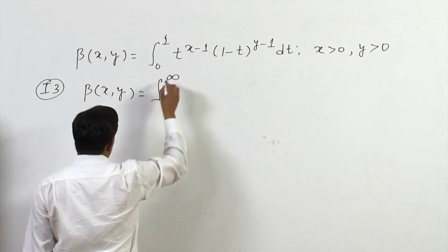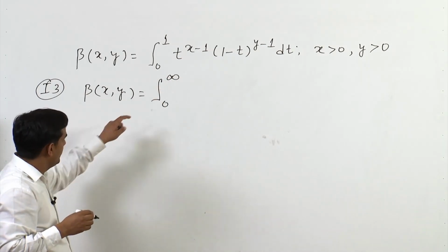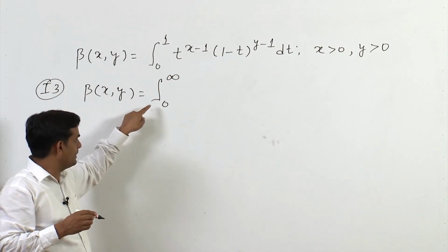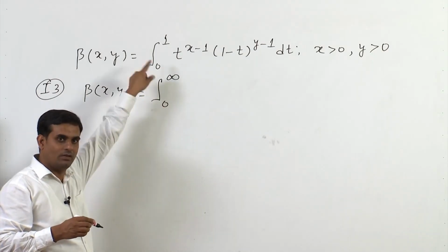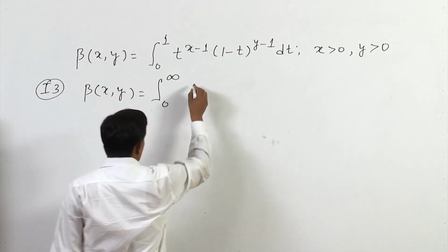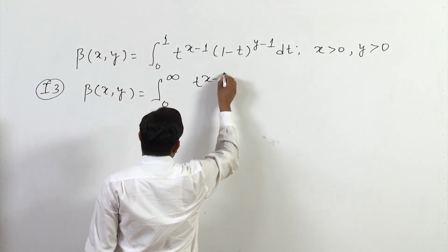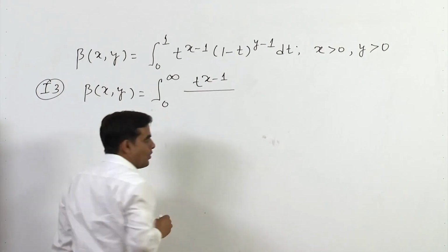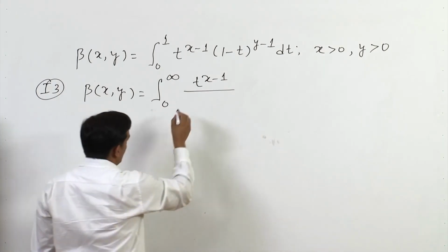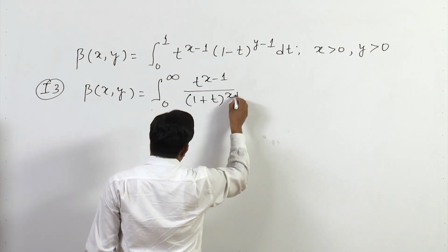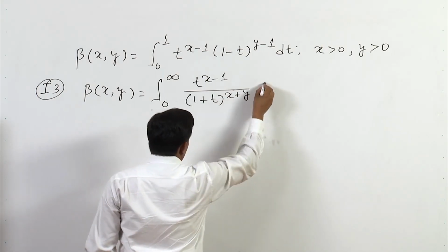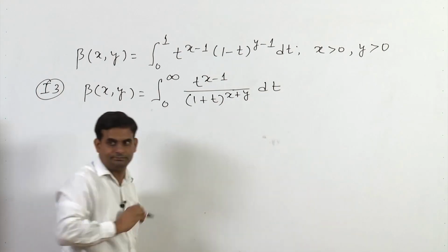Please note that in this particular identity, the integral is over 0 to infinity, t raised to power x minus 1 upon 1 plus t raised to power x plus y, dt.